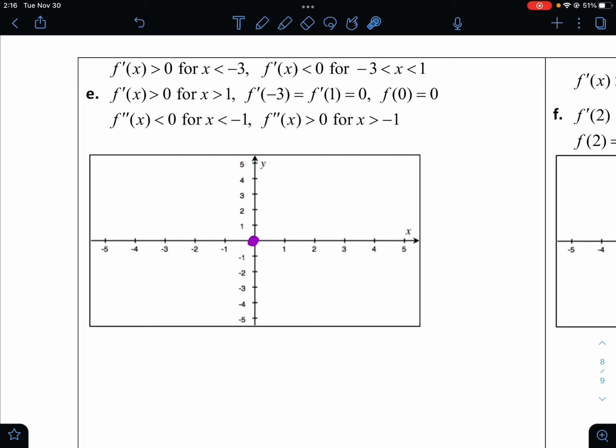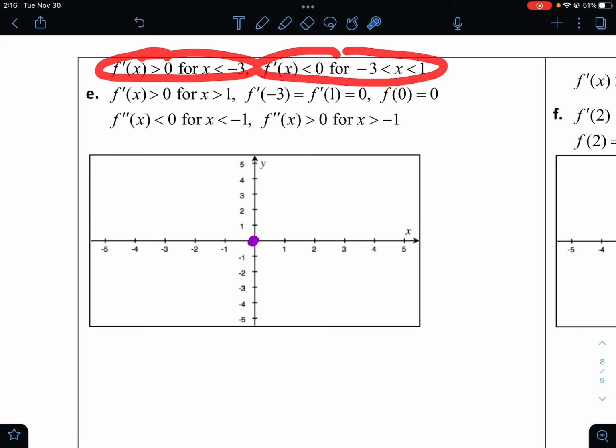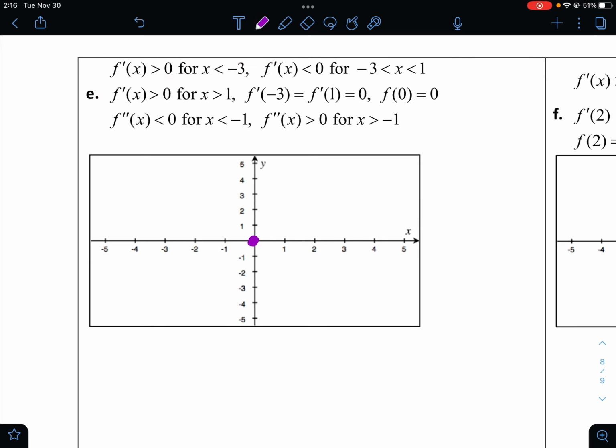So first of all, we know we're going to have extrema at those 2 points. We want to be increasing, and then decreasing, and then increasing. So let's just try this and see if it works to how we want it to be. Increasing all the way to negative 3, and then decreasing all the way to 1.